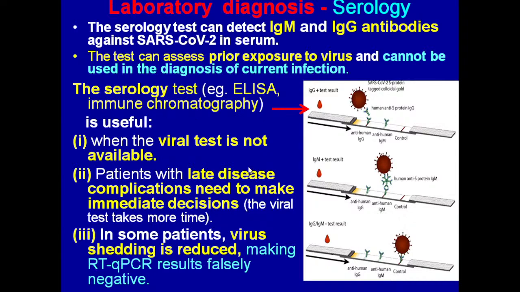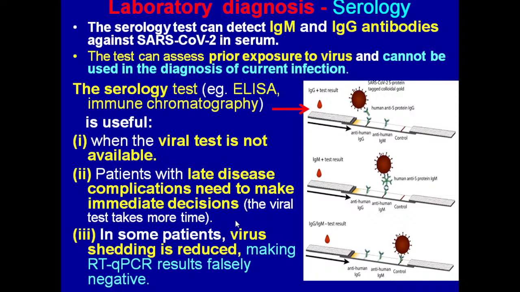It is useful when the viral testing is not available. And also when patients with late disease complication need to make an immediate decision in treatment, and the viral test takes more time.